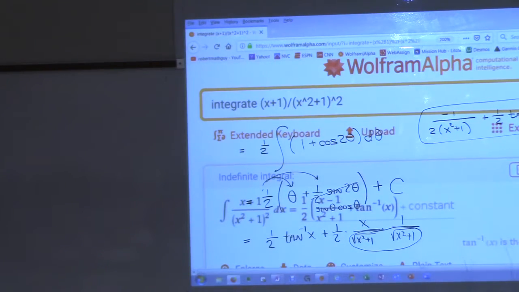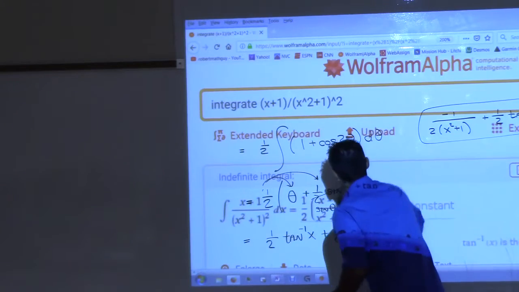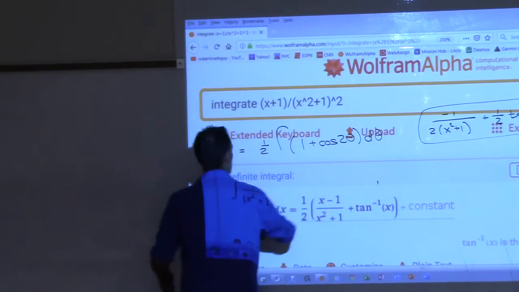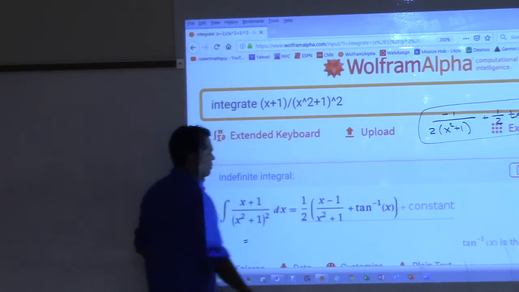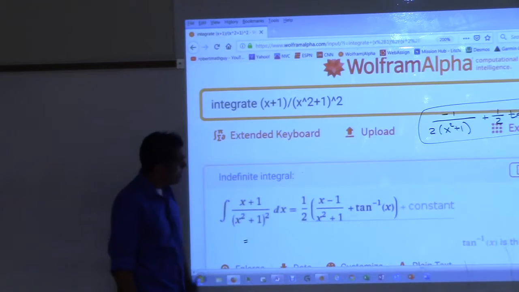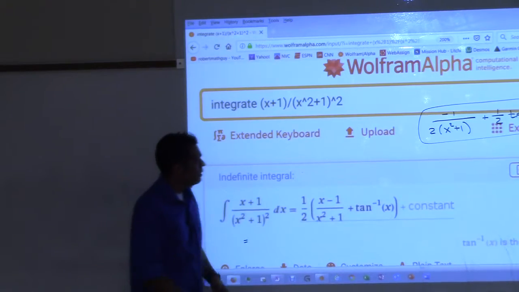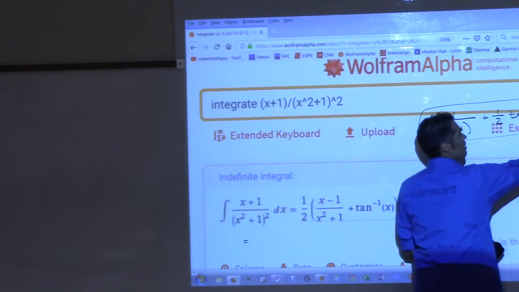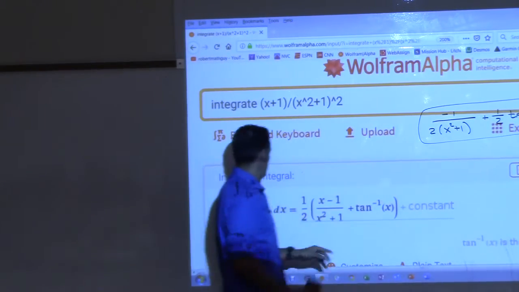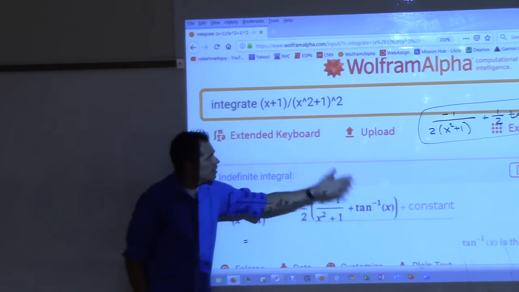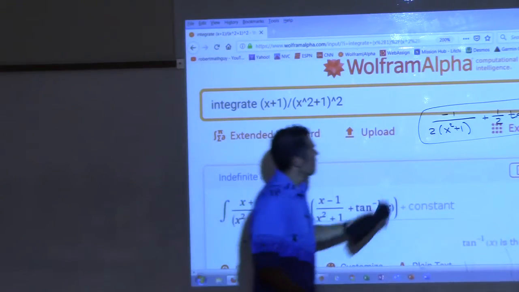There it is. Yeah, you can't see it, but here we go. It's right. So that's Wolfram Alpha's answer. Yep. They pull the 1/2 out of everything, and then if you put this and this together, the numerators become x minus 1. Denominator is the same, and arctan x. So good, we're there.